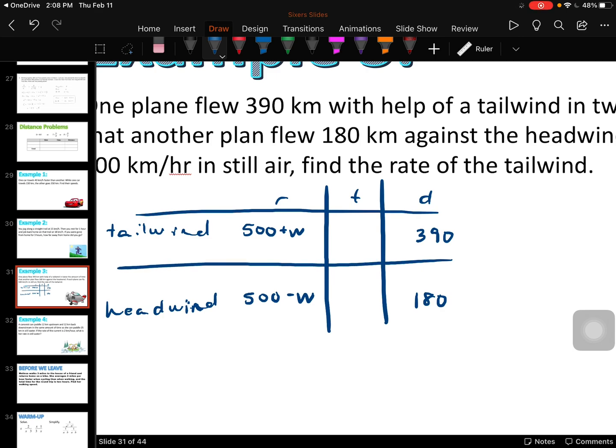However, we need to remember that it said twice the amount of time. So I'm going to do time equals distance over rate so far. That means 390 over 500 plus W, and I'm going to go 180 over 500 minus W, sorry. So we have that.